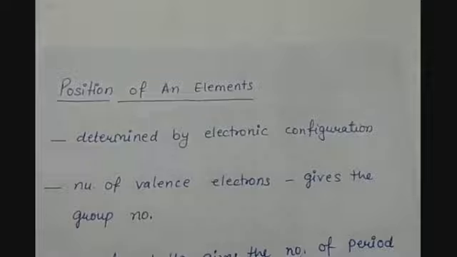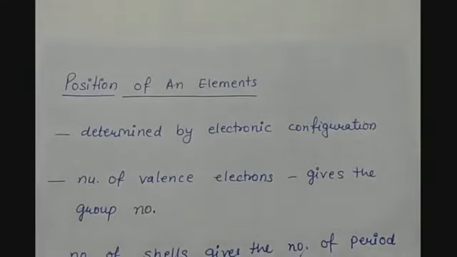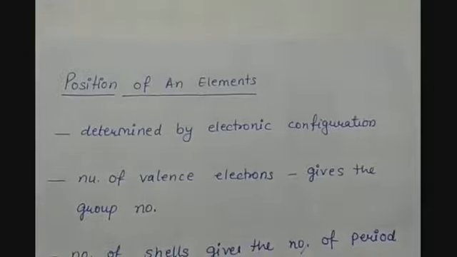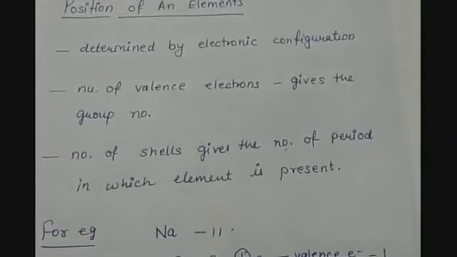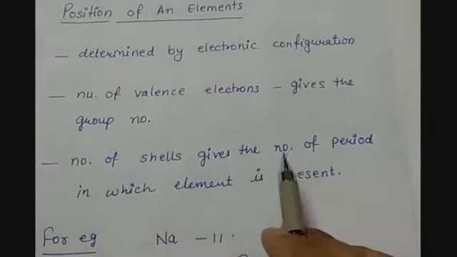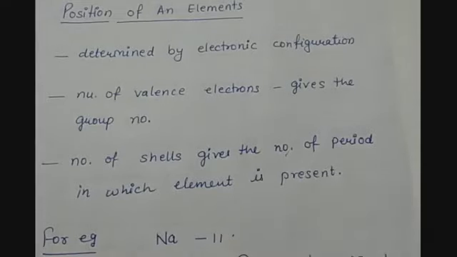So we have seen that the number of valence electron is equal to the number of group. So from here we will get the group number, and the number of shells in the electronic configuration gives the number of period in which the element is present, because the number of shells are equal to the number of period in which the element is present.